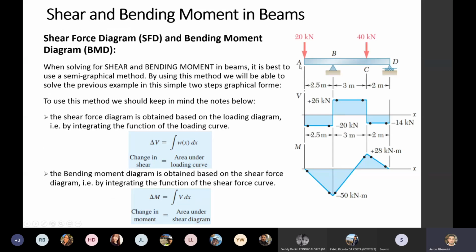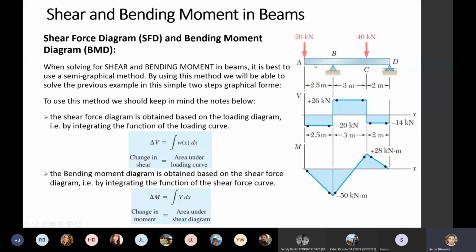In other words, if I look here, I have an upward force, the reaction, and a downward force, the 20 kilonewton. Based on the first rule, the 20 kilonewton should move the shear force diagram downward, because that's a downward force, by 20 kilonewton. That's what I did. In between these two, I have no forces.